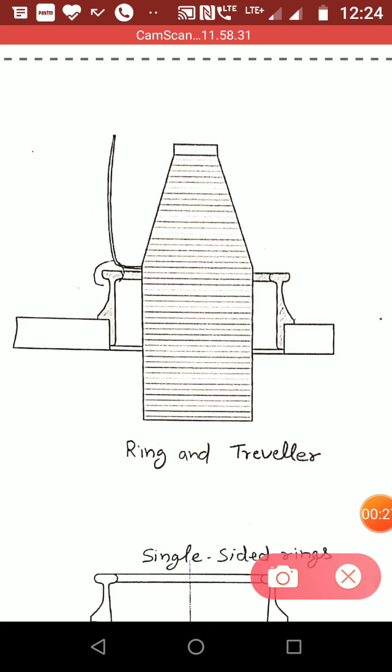The optimal running conditions depend upon materials of the rings and travelers, surface characteristics, the form of both elements, wear resistance, smoothness of running, running in conditions, and fiber lubrication.